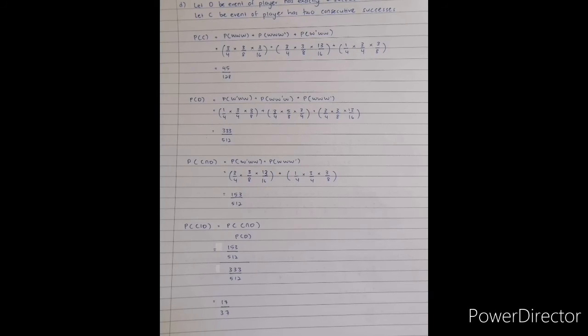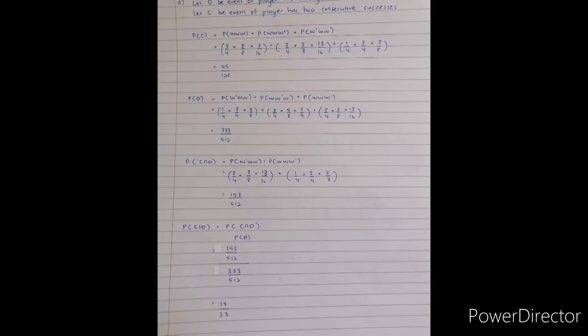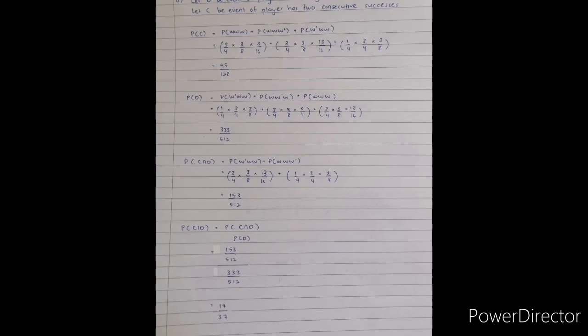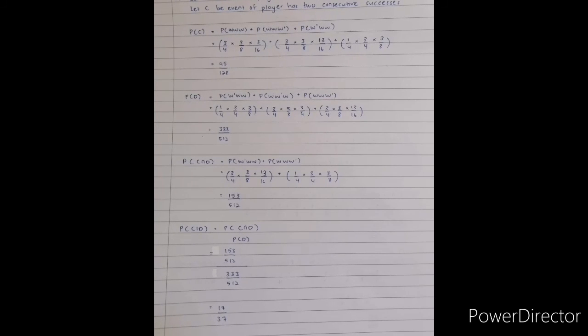For question d, first thing first, we let D be the event of the player having exactly 2 successes. And then we let C be the event of the player having 2 consecutive successes. First step, we must find the probability for C, and we got the answer 45 over 128.